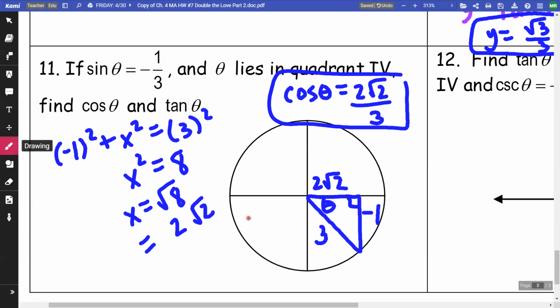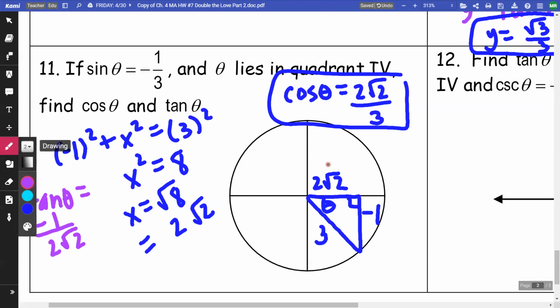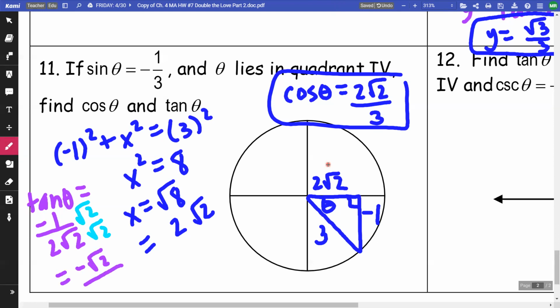I'll do it over here. So tangent is going to be from here, opposite over adjacent. So that's going to be a -1 over 2 √2. But we have to rationalize that. So I'm going to multiply the top by √2 and the bottom by √2. And when I do that, I am going to end up getting -√2 over 4. And that's going to be my tangent.